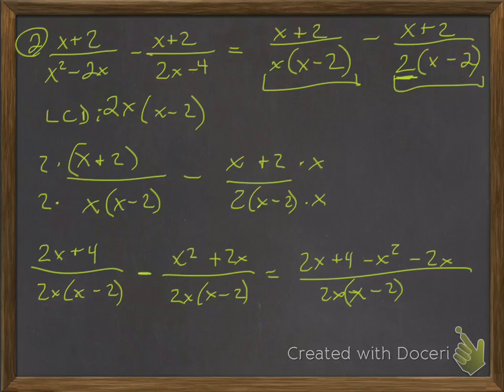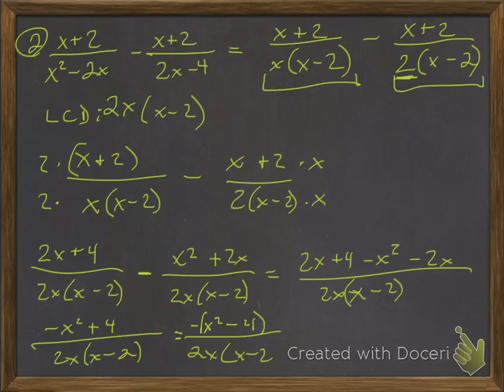Combine my like terms, write it in standard form. I get negative x squared. The 2x's again cancel out. Plus 4 all over 2x times x minus 2. Now I know the numerator doesn't look like it can be factored, but it actually can. When you have a quadratic and that first term is a negative, remember at least factor that out. So I have negative times parentheses x squared minus 4.